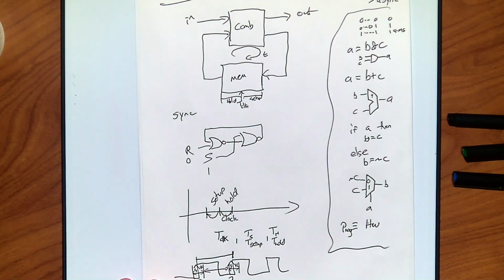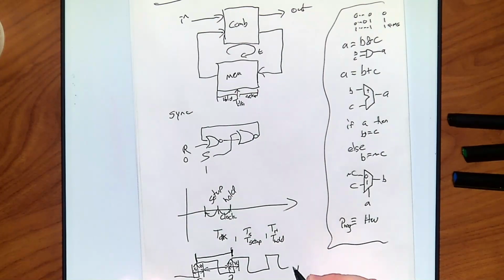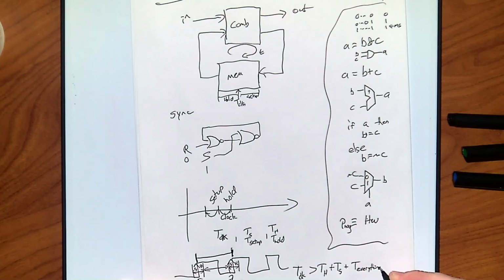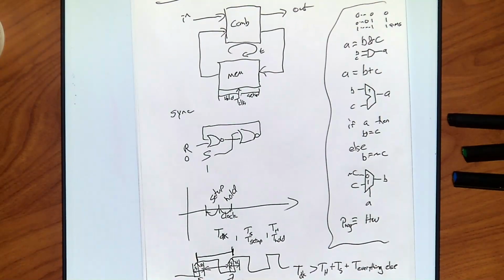So if you were to look at this little period here, from here to here, that T clock has to be bigger than my T hold plus T setup plus this in between here, which is everything else. We'll fill this in a sec, but I just want you to get the idea. All the rest of the things that are going on have to happen in there.